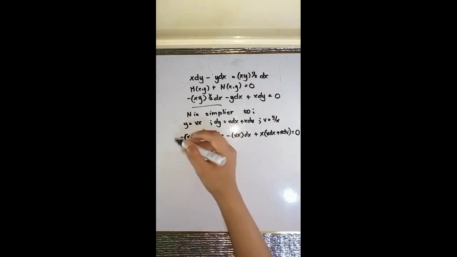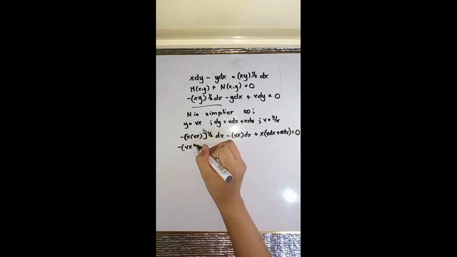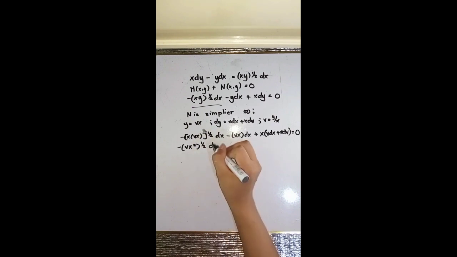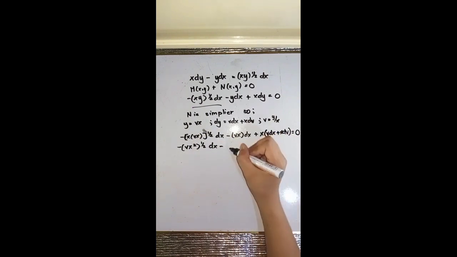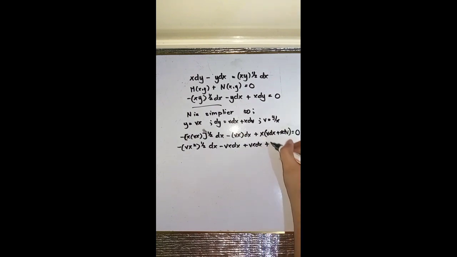So now we're going to equate all the values. So negative v x squared (vx)^(1/2) dx minus vx dx plus vx dx plus x squared dv equals 0.